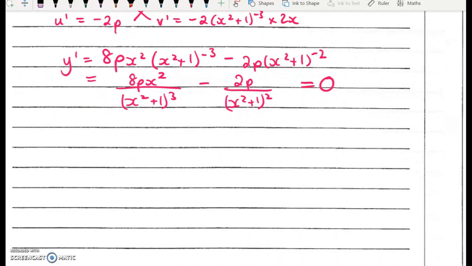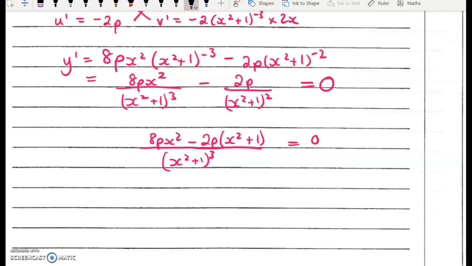Okay, so what we can do with that now is put it all over a common denominator. If we put it all over (x squared plus 1) cubed, then we keep our original 8p x squared here, but this one, we're adding in another x squared plus 1 on the bottom, so we need to put that on the top as well. So we get that extra x squared plus 1.